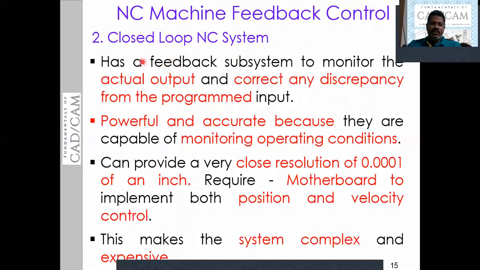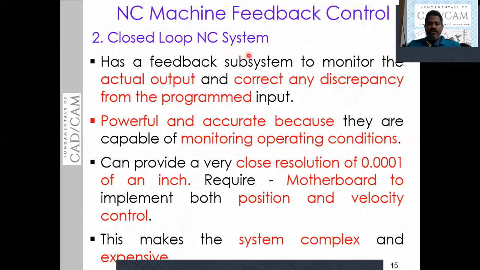The comparator is going to compare the actual value and the theoretical value. If the comparator finds any difference or any error, it is going to adjust that error. According to that, the signal will be generated, and that corrected signal will be sent to the stepper motor. According to that, the movement of the tool and the movement of the table is adjusted. This is the closed loop basic principle.